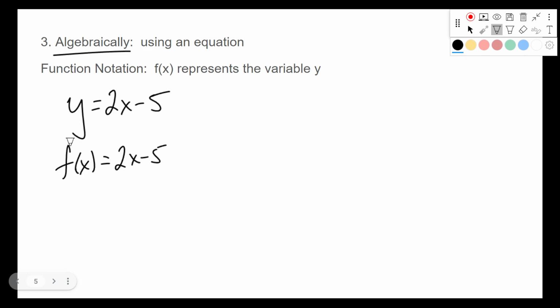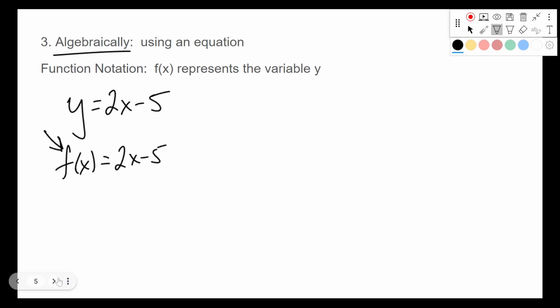F of x allows us to say, okay, this graph, y equals 2x minus 5, I already know it's a function because I'm using function notation with it. Since I'm using this notation, I know that whatever I graph must be a function. It must pass the vertical line test. I know that for certain already without doing any work or making the graph. Okay? That's one of the things we use it for.